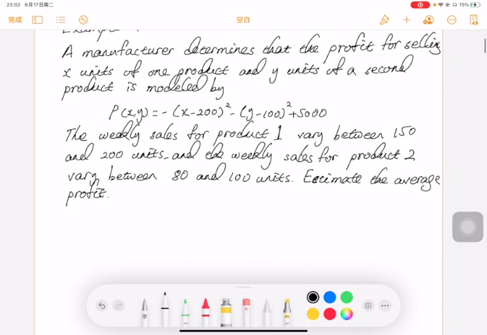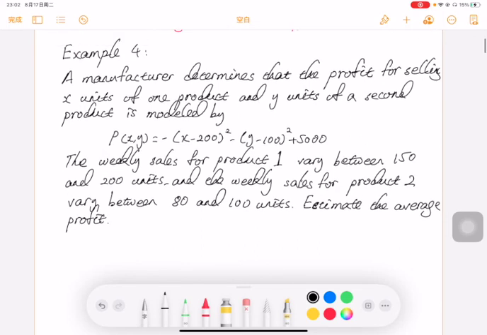Okay, so we estimate the average profit by integrating the profit over the range of the weekly sales for the two products and dividing by the range. The difference in units sold for product 1 is 50 units, while for product 2 it is 20 units.